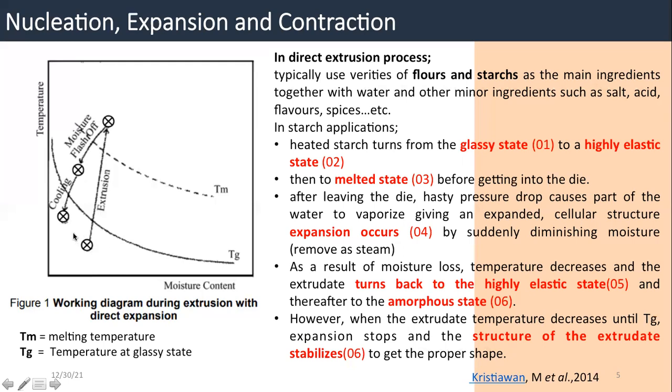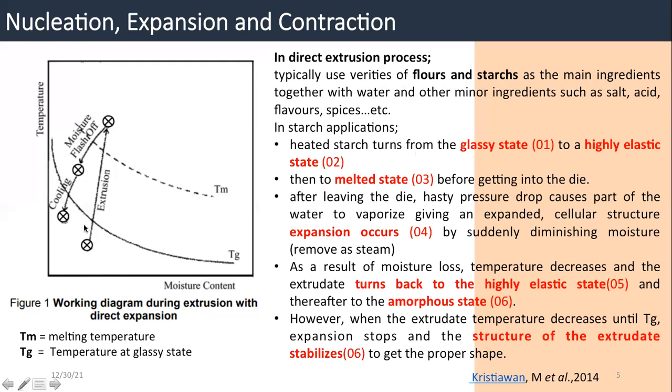Here we start the process with raw materials, and when we increase the temperature, you can see throughout the extruder what happened, and the temperature will increase. Then the glass transition temperature, you can see the barriers are there, Tg is there. Then with the extrusion, with time, the temperature will increase, right? With the high temperature, starch turns from glassy state to highly elastic state, right?